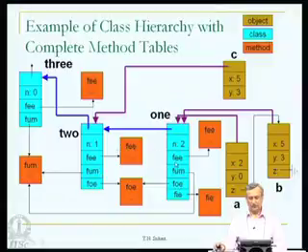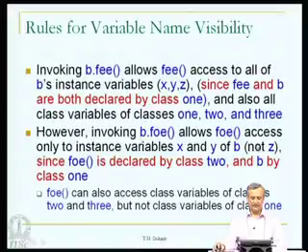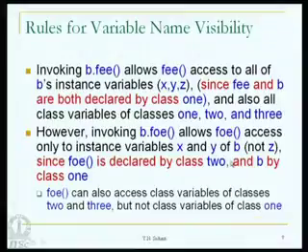So, class 2 has no information about class 1 as such. So, z of B is not accessible to this fo. Since fo is declared by class 2 and B is declared by class 1, fo can also access class variables of classes 2 and 3, but not class variables of class 1. So, this is what we explained just now.